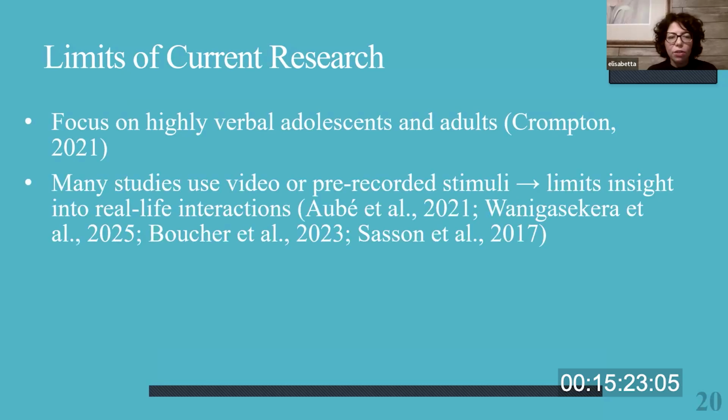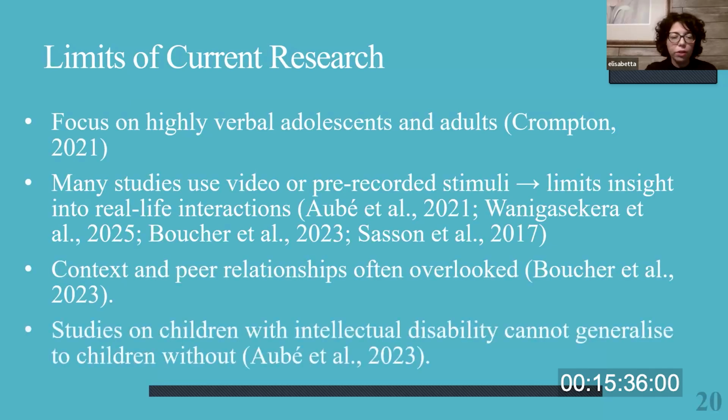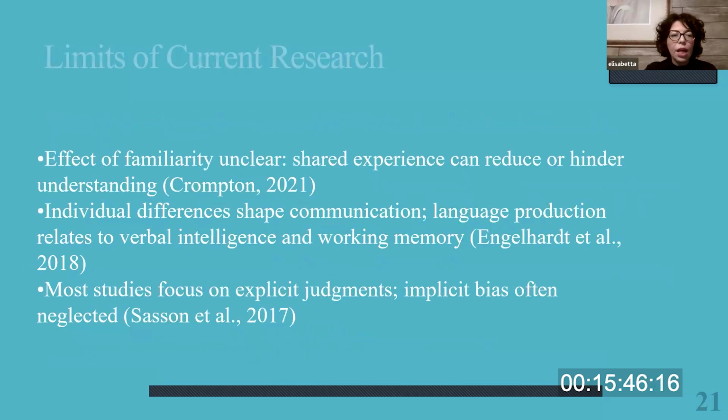And many studies use pre-recorded video stimuli, and this limits insights into real-life interaction. And also context and peer relationships are often overlooked. And also studies on children with intellectual disability cannot generalize to children without intellectual disability.